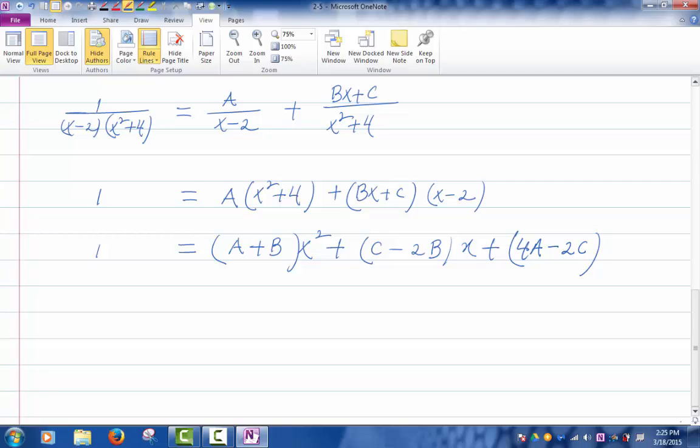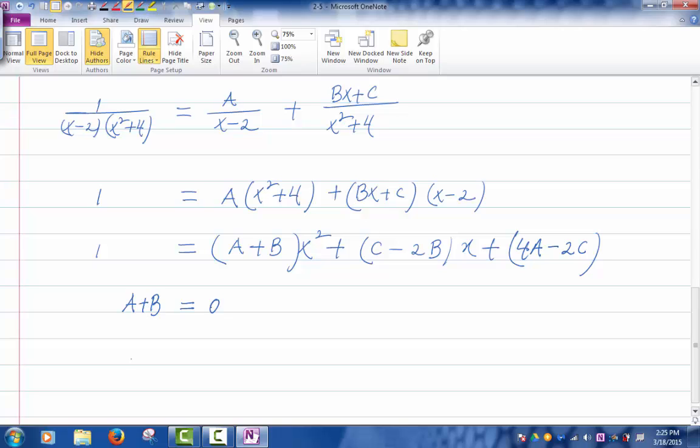And if they are the same, the coefficients must match. So what's the coefficient of x squared on the left? 0. And on the right it is a plus b.